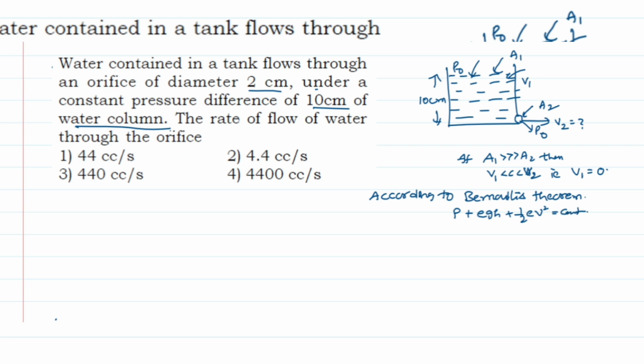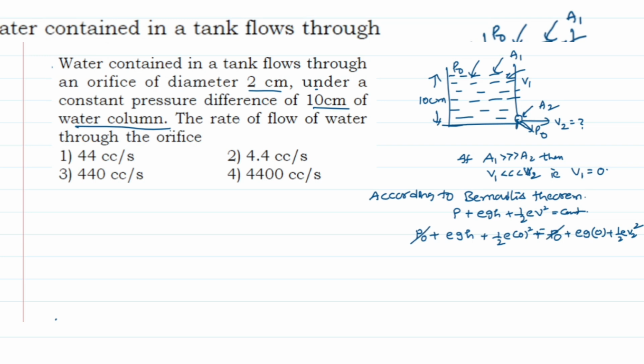First let us talk about the top surface: P naught plus rho g h plus, since the velocity on the topmost side is 0, rho V square term is 0. Next, at the orifice, influenced by atmospheric pressure, P naught plus rho g into 0 height at the base plus half rho V2 square.